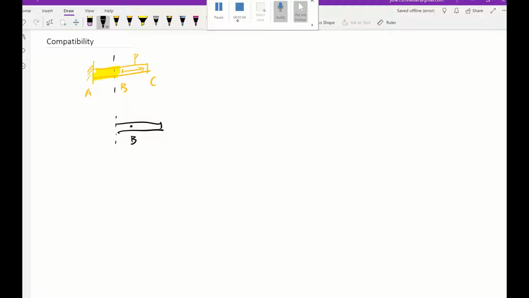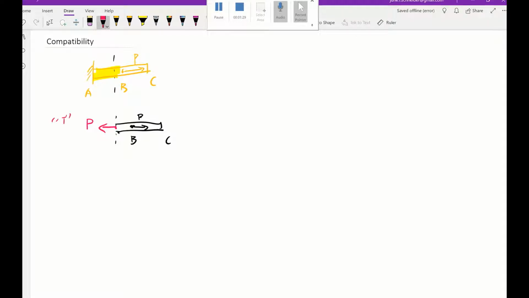This is our B and this is our C, and there's a force applied at B on the right section. In that situation, using a red color to indicate the internal force at this cut, that's going to have to be pulling to the left and equal to P, and that's going to be in tension, right?